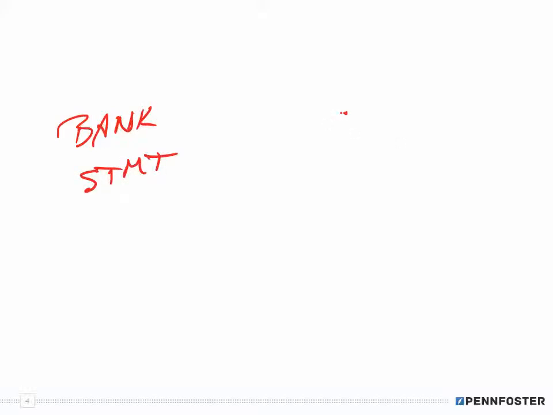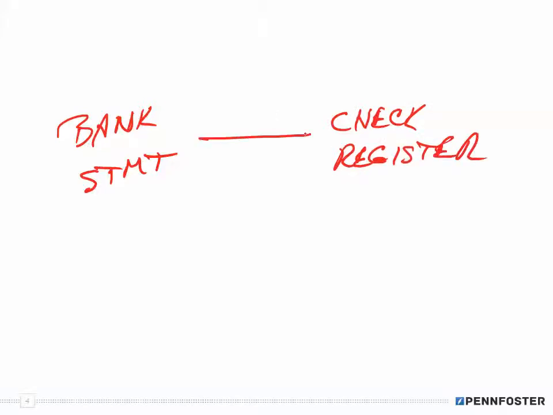And I'm going to have my check register, and I need to make sure that whatever is on my bank statement is in my check register, and whatever is in my check register is in my bank statement. And when I make sure of that, whatever the balance is in the bank statement should equal the balance in my check register, and I'm good to go. I understand what's in those accounts. I know how much money I actually have.